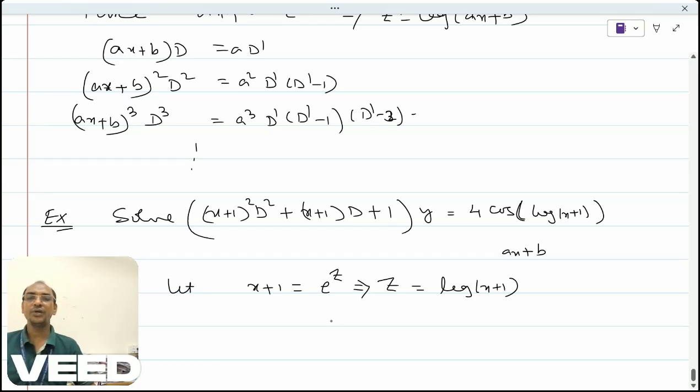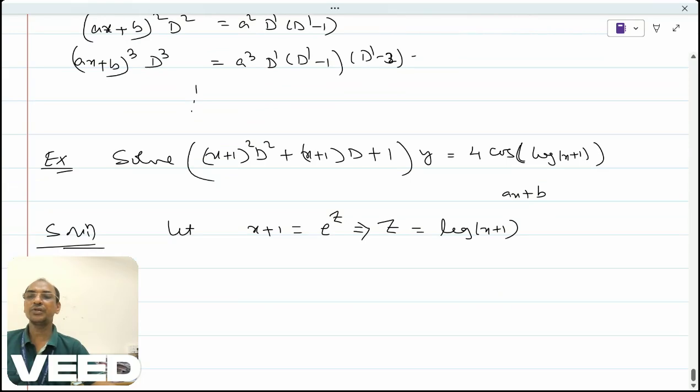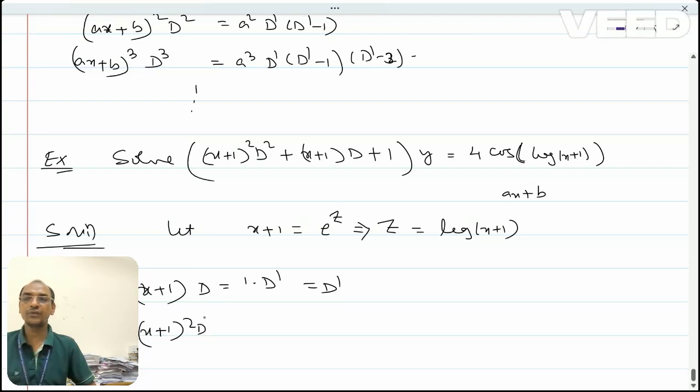Because of this transformation, (x plus 1) D will be 1 into D dash, because a equals 1 here, so it will be equal to D dash. Similarly, (x plus 1) squared into D squared will be 1 squared D dash into D dash minus 1.